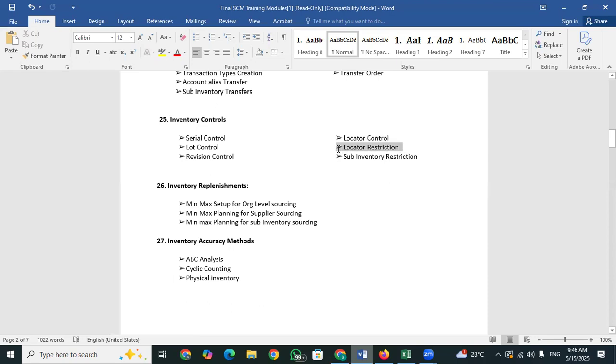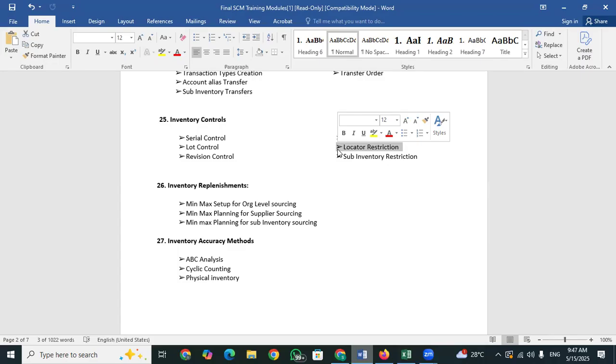Locator restrictions. For example, if you go to big restaurants, there is a no-admission location. No admission means nobody can enter, because there are fire-related materials, chemical-related materials, or precious materials there. So nobody can enter that location.